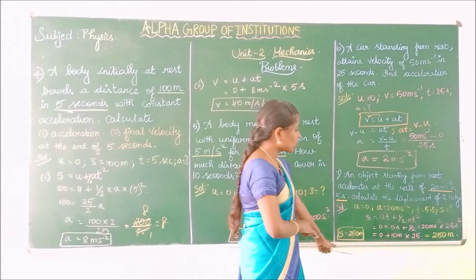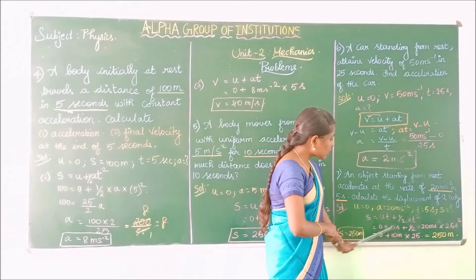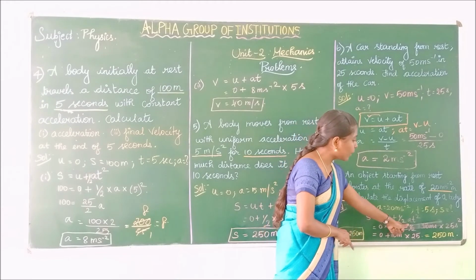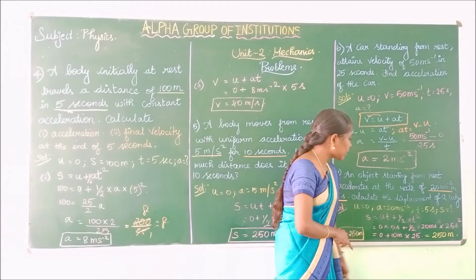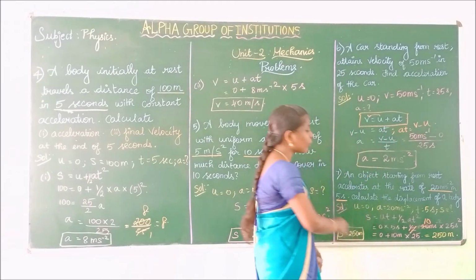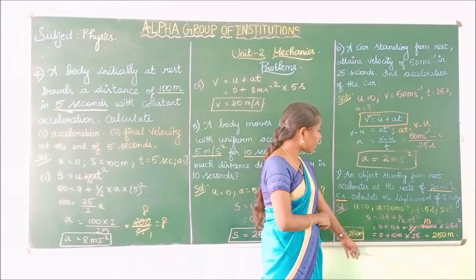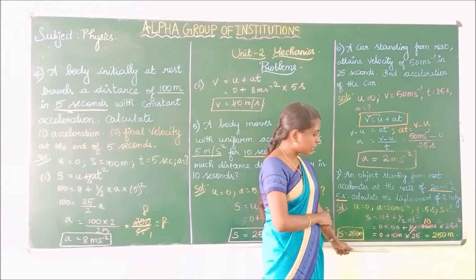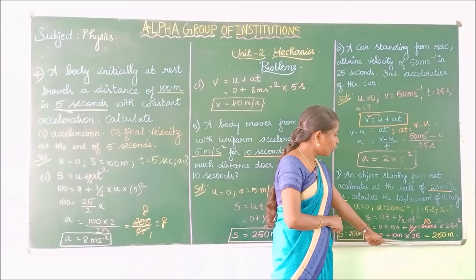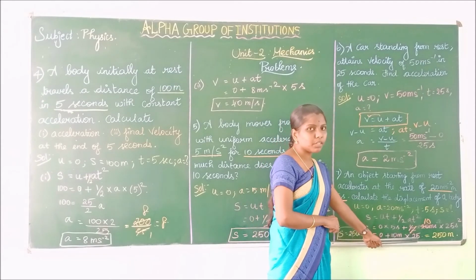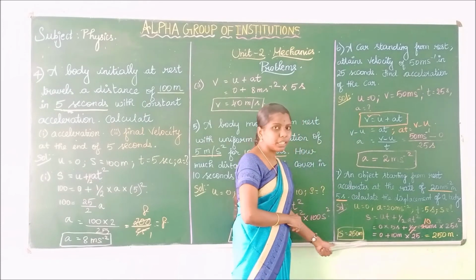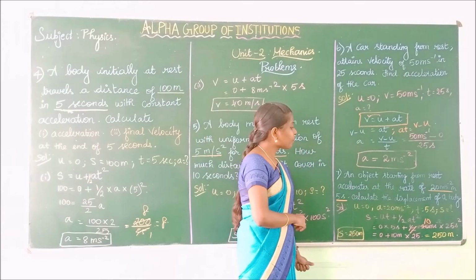Multiply all the values. 0 plus 5 seconds plus half 20 meter per second square into 25 seconds square. If you cancel 2 and 10 and 20, what will be the answer? 10. Okay. 0 into any number is 0. 0 plus 10 meter into 25. 10 into 25 is 250. So the value for distance is 250 meter. Is it clear?